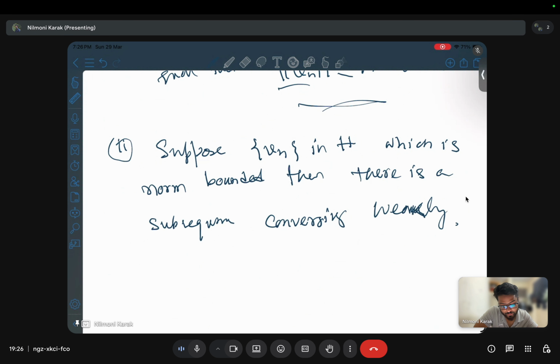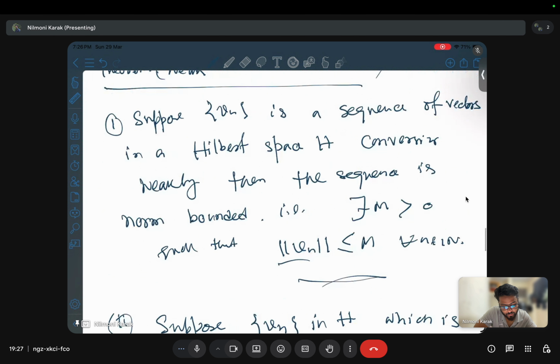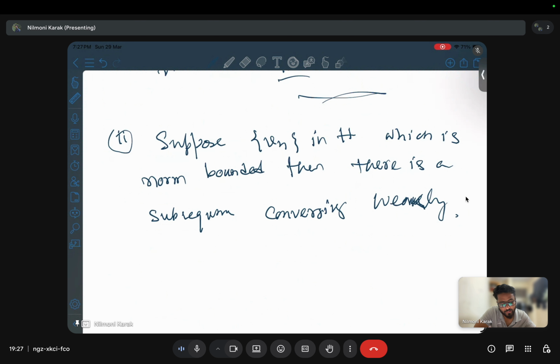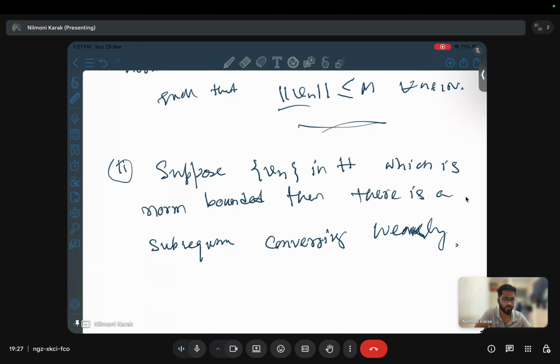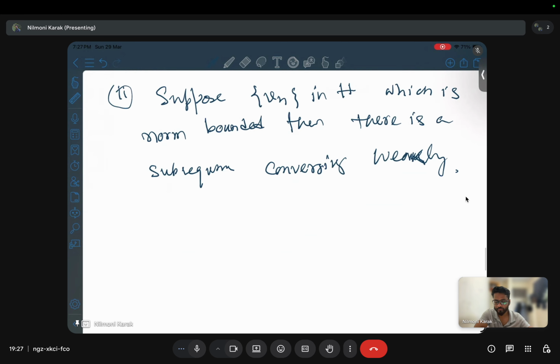This is the converse part of the previous statement. If Vn is bounded, the sequence may be weakly non-convergent, but there is a subsequence that converges weakly. For the proof, one can check the lecture video as well as the lecture notes.